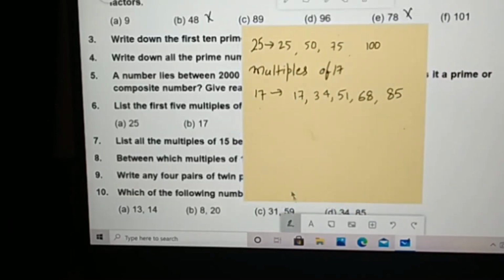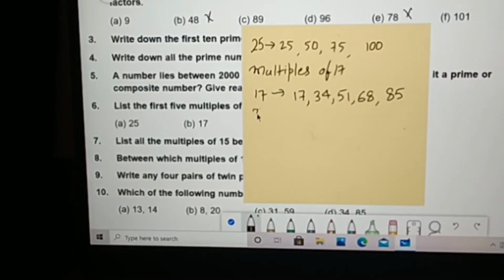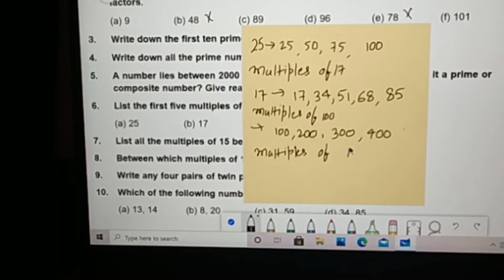Multiples of 100 are very easy for everyone. This is 100, 2s are 200, 3s are 300, and 4s are 400. Then you have to write multiples of 41.